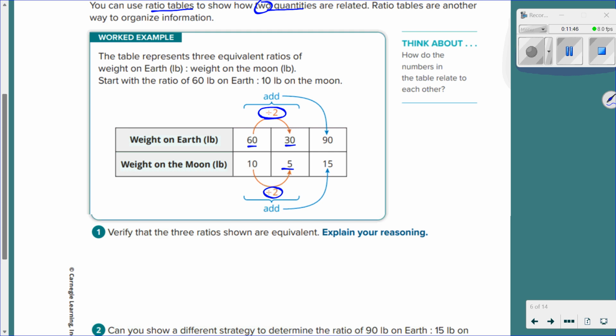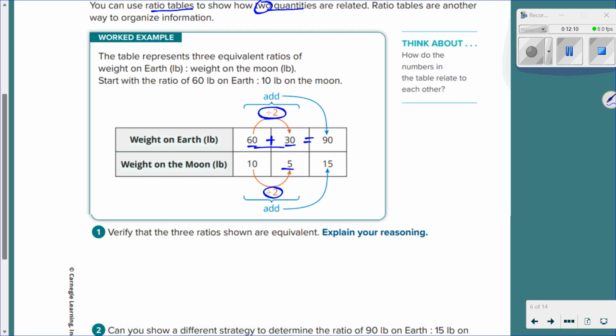You can also look at this as additive reasoning. The big difference is if I'm doing additive reasoning, I need to use the numbers from each separate category. So by that, what I mean, if I take 60 and I add the 30, add the two numbers together, what do I get? 90. That's additive reasoning.